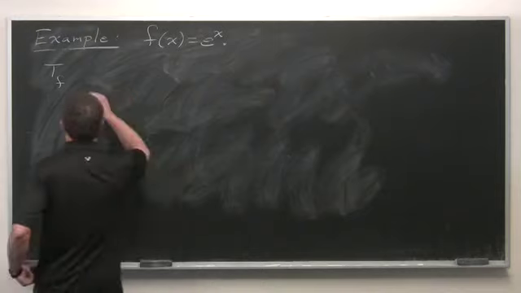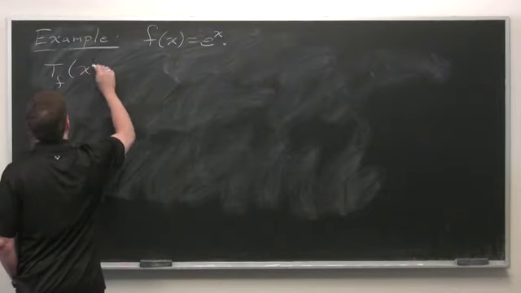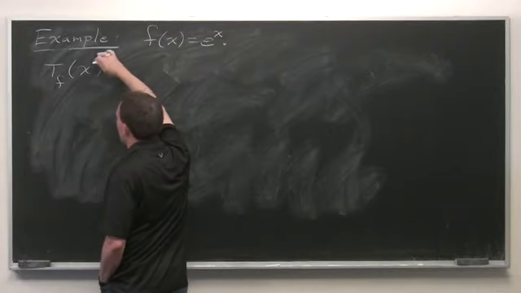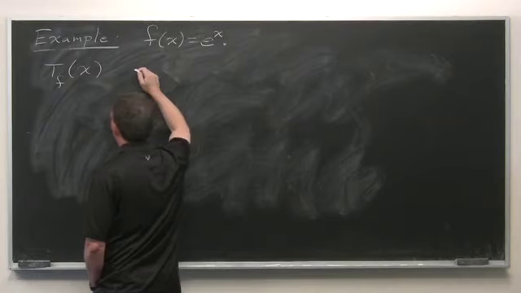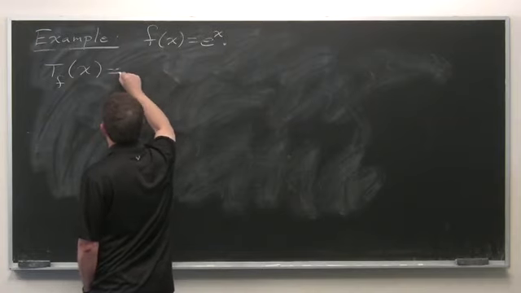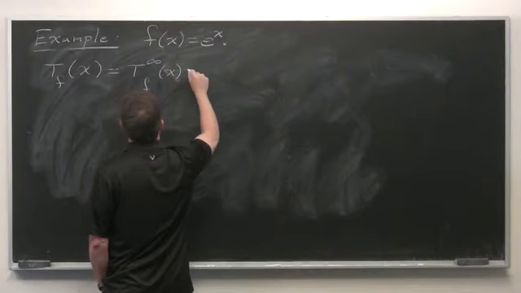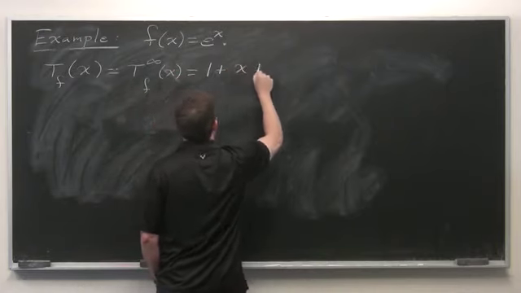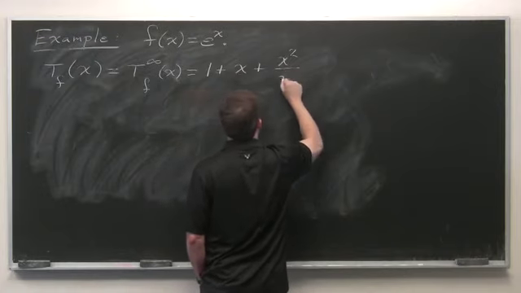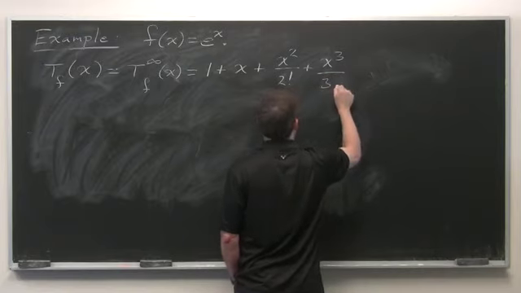We just put some dots. Since we're centering at 0, I don't include the reference to A, and I'll drop it from our remainder and error term as well. So you should think of this as t infinity, write either one of these. And we found last time that this is 1 plus x plus x squared over 2 factorial plus x cubed over 3 factorial, and so on.